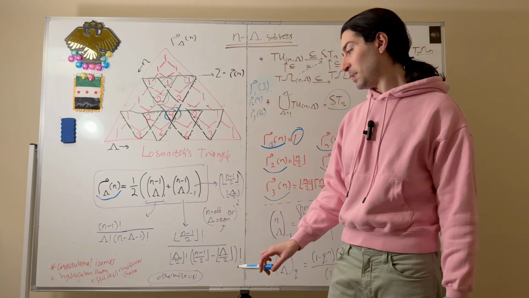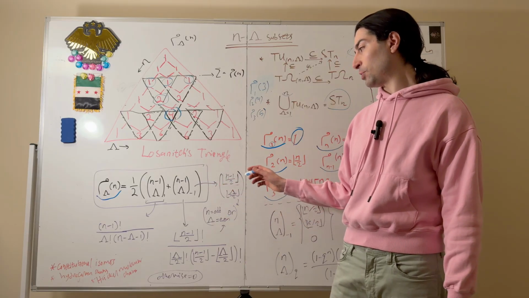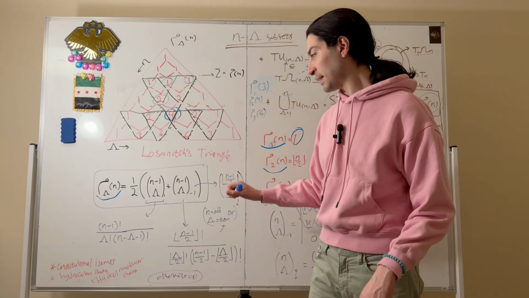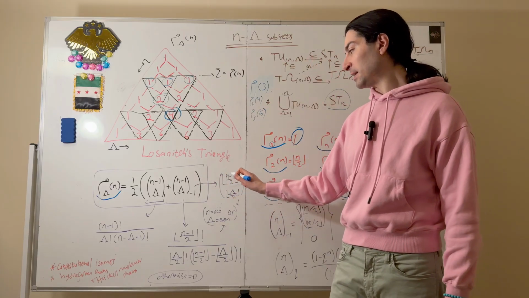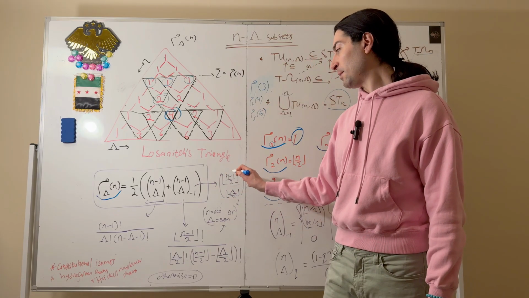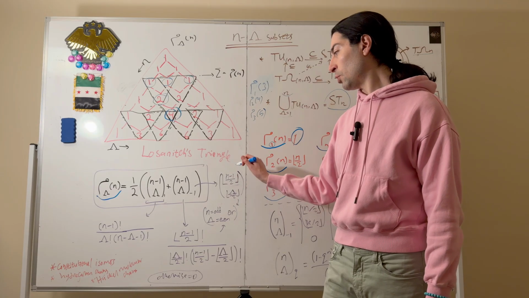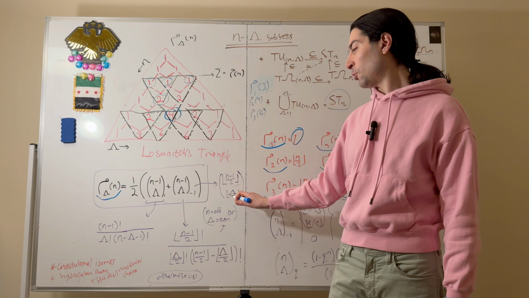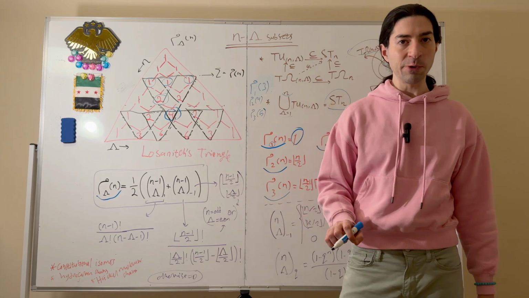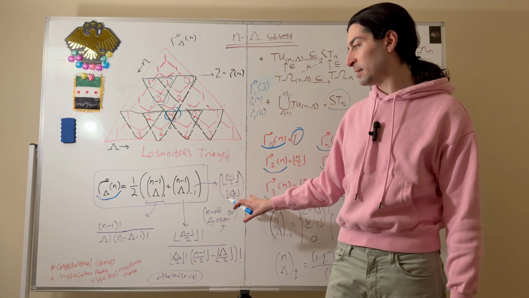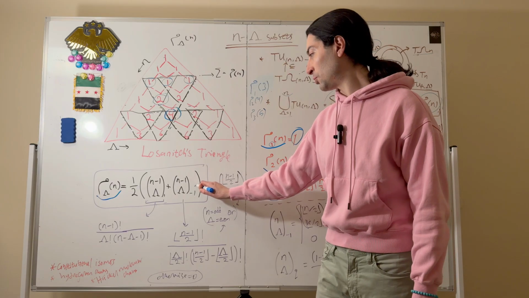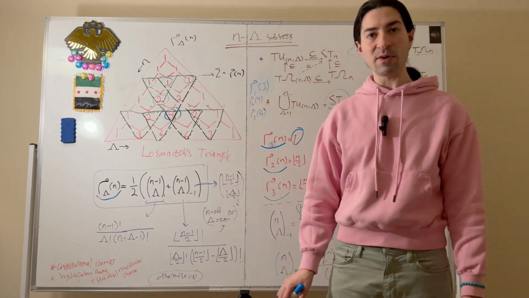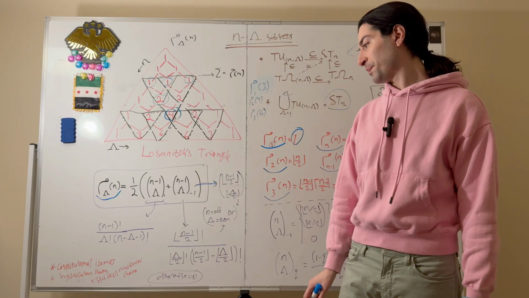This can be simplified into the following, and we can look at why in a second. This can be simplified into n minus 1 over 2 rounded down choose lambda over 2 rounded down. That way we can simplify it into an easier format, and we can get rid of the negative 1 that is down.